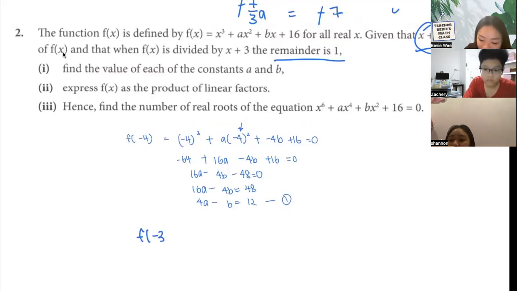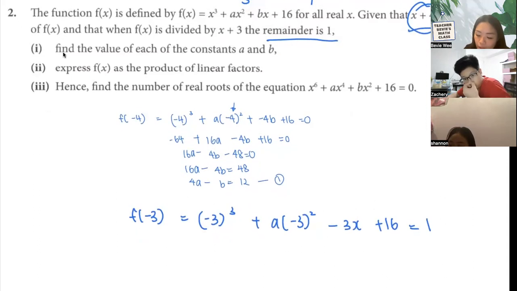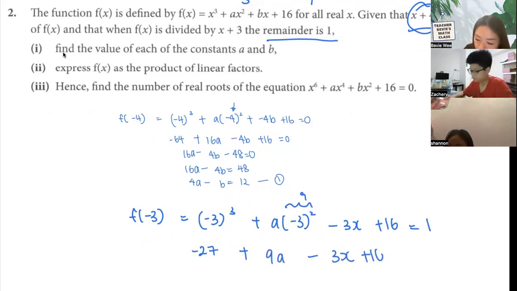So f of minus 3 equals minus 3 whole cubed plus a, this b is minus 3x plus 16 equals 1, right? Then this gives me minus 27 plus, this is 9, so it's 9a minus 3x plus 16 equals 1.